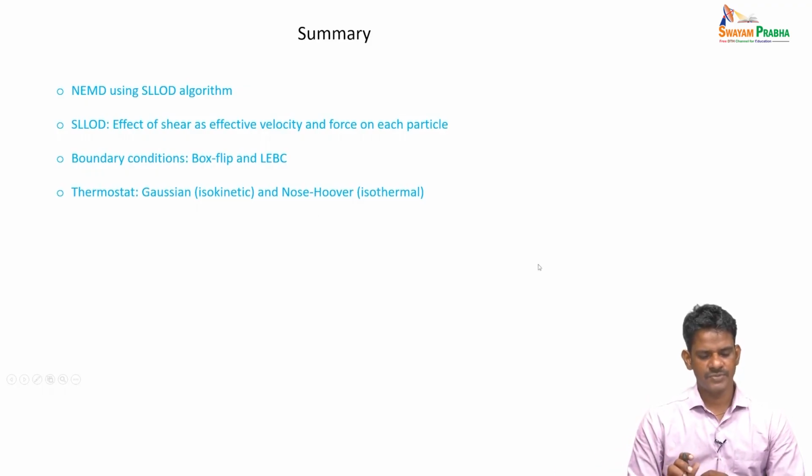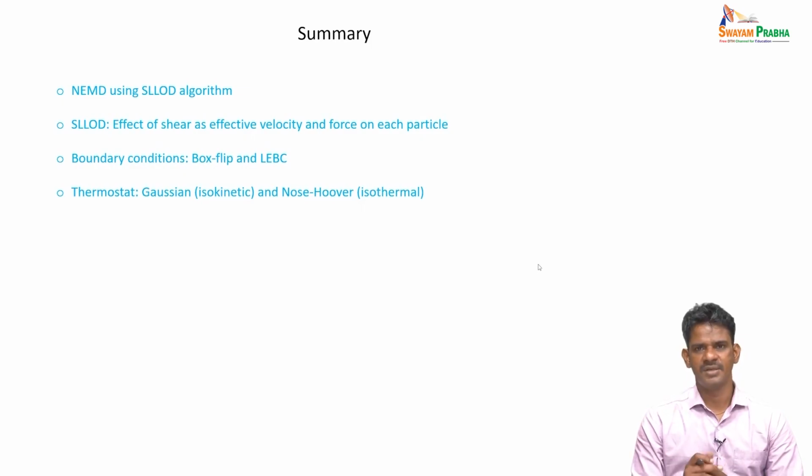So, to summarize, we looked at a new algorithm known as the SLLOD algorithm for doing MD simulations for planar shear flow. The important aspect of the SLLOD algorithm is that we change the particle velocities and accelerate shear, and then whenever a particle leaves the simulation box at the bottom or at the top, it has to be put back by the right changes in the particle positions and velocities.